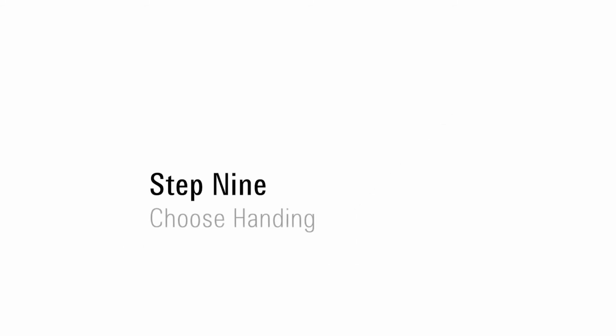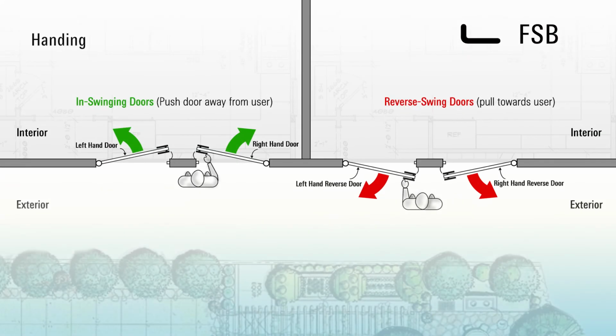Step 9. Choose handing. A door can be handed in several ways. To determine the hand of the door, view the door from the outside, security side, or key side of the door. Then identify which side of the door the hinges are located. If you push the door open to swing away from you, then the door would be either left-handed if the hinges are on the left, or right-handed if the hinges are on the right.